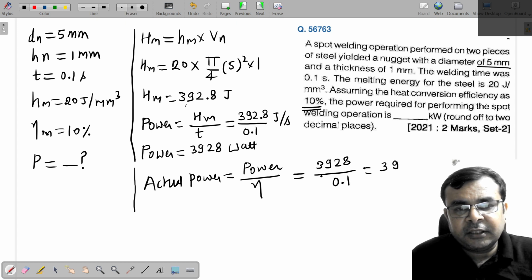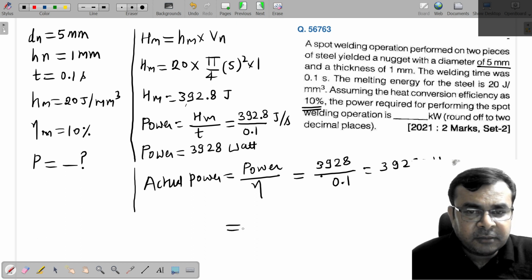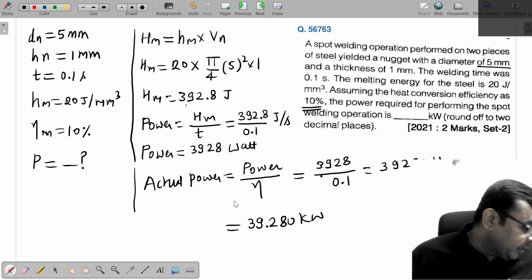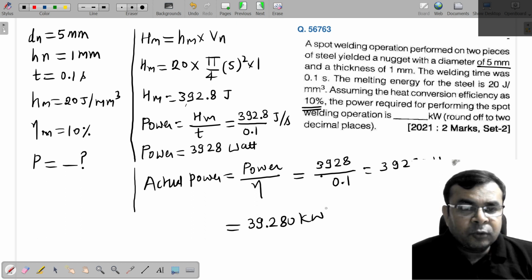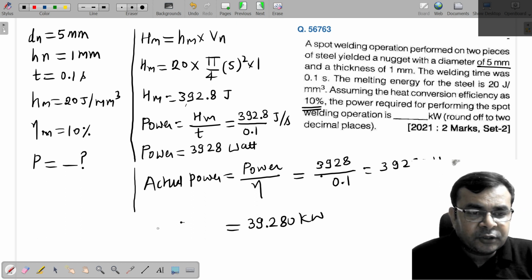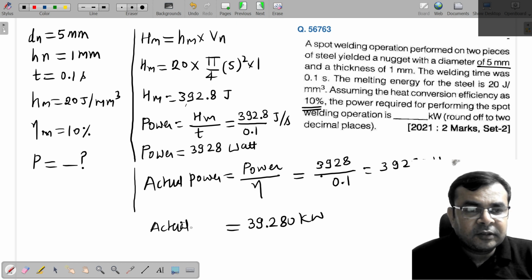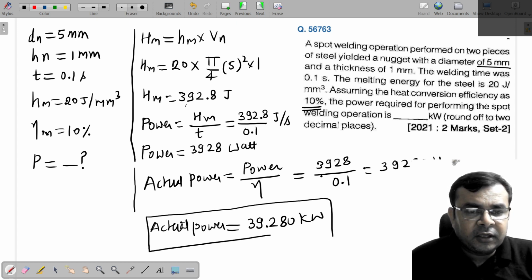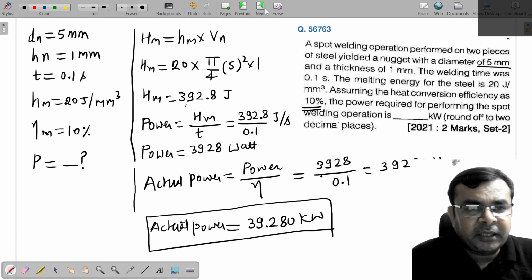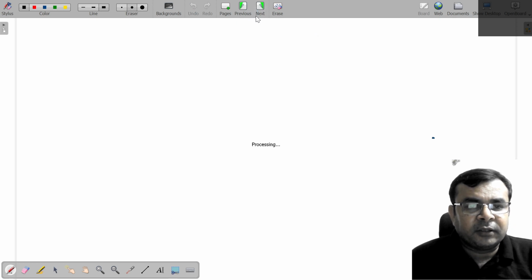So this is 39280 watt, or simply you can say 39.280 kilowatt. This is the actual power required, actual power supplied. Is it clear? So this is called the actual power supplied, that is 39.28 kilowatt.